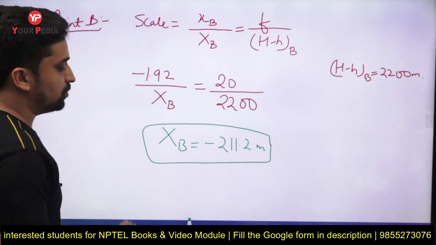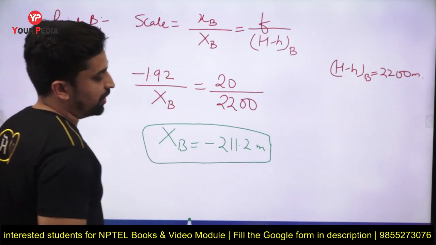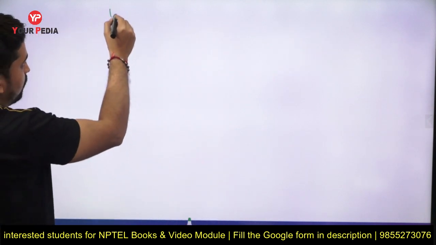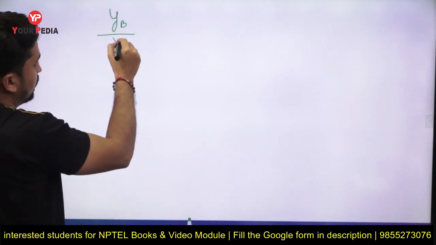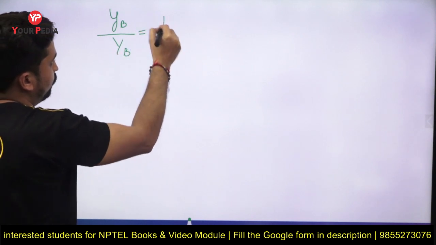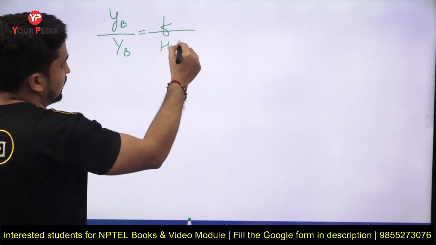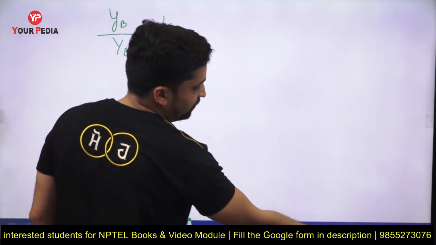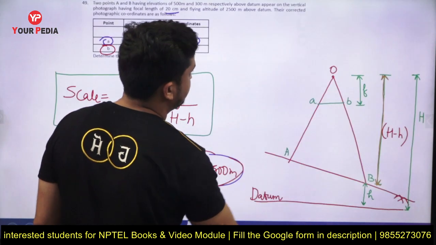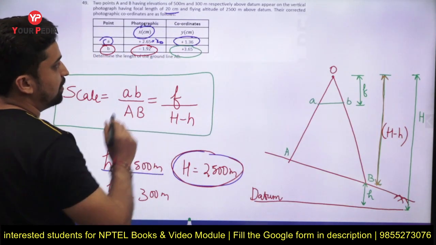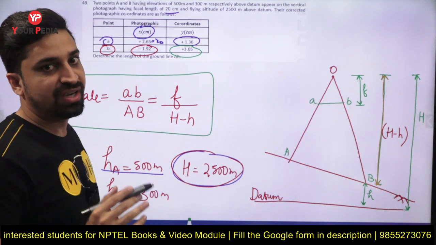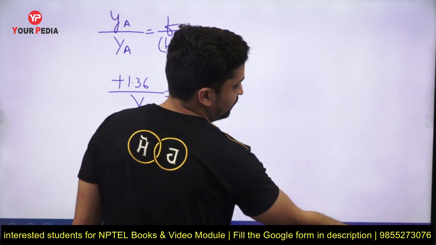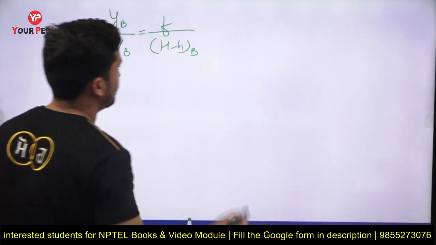Now let us also calculate the y coordinate of point B on the ground. So again you can say that yb upon capital YB will be equal to focal length upon H minus h of B, and you have all the values. Basically yb is given to you in the question, so this yb is the y coordinate of point B on the photograph, and this is given as plus 3.65. So all you need to do is substitute the values.